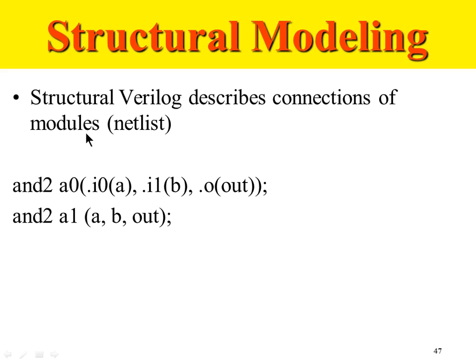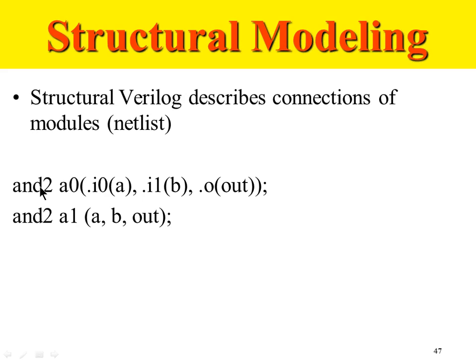Structural Verilog: we saw an example of structural Verilog when we instantiated our AND gates 2 times, when we used a 2-input AND gate and created a 3-input AND gate out of it. That is called structural Verilog. The term used is instantiating the gate 2 times, or any number of times you need. It can be done in this fashion.